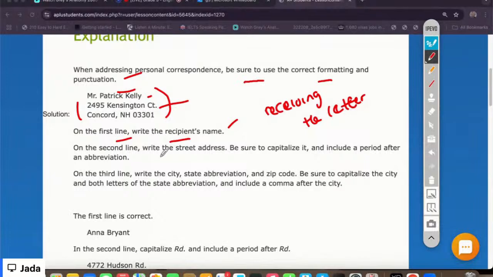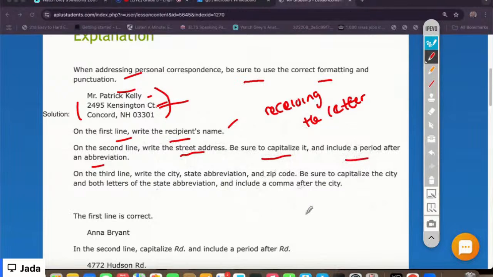Now, on the second line, you have to write the street address. Be sure to capitalize it and include a period after an abbreviation. That's my street, and you have to capitalize the street. Then you have to include a period after any abbreviation.